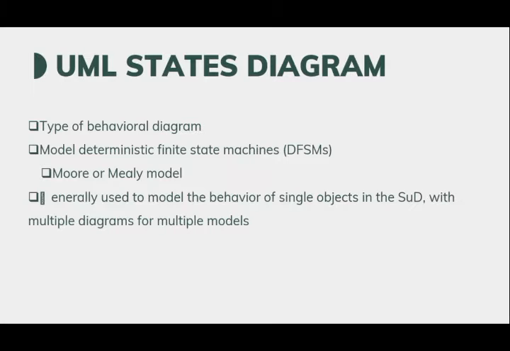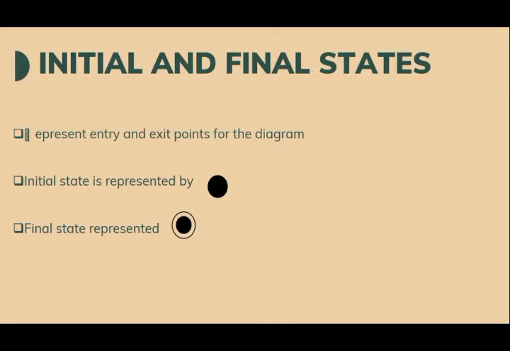So next is the initial and final state. They represent entry and exit points for diagrams. The initial state is represented by a filled circle shape and the final state is represented by a bullseye shape.